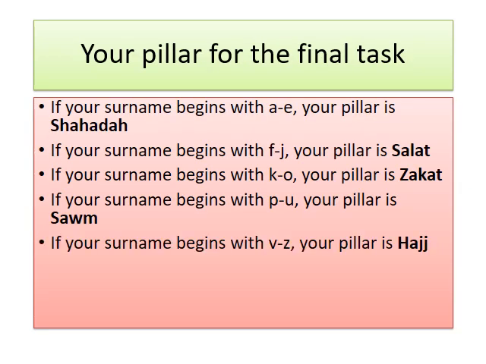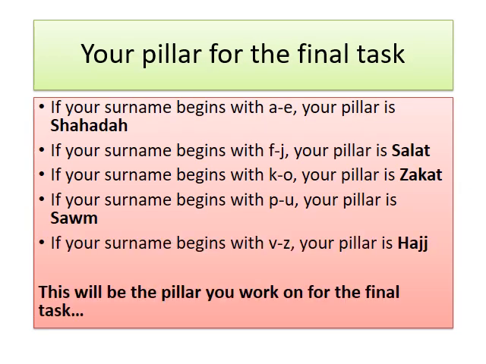Okay guys, so for the final task, I'm going to ask you to present your own creation of one of the 5 pillars. So, in order to make sure that we've got a wide variety of different pillars, I want you to think about your surname. So if your surname begins with A to E, the pillar you're going to be looking at is Shahada.